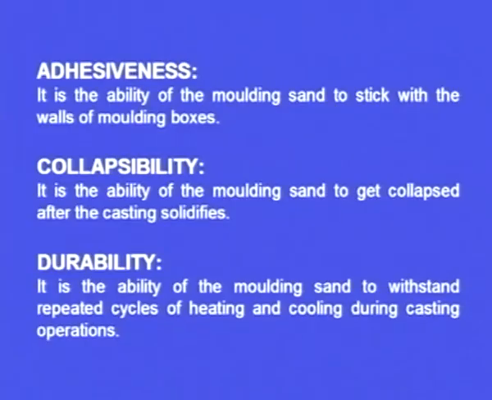Next one, collapsibility. It is the ability of the molding sand to get collapsed after the casting solidifies. Yes, we pour the molten metal and after some time the molten metal solidifies. After solidification is over, we have to take the casting out. Then we start breaking the molding sand. At that time, it should allow us so that we can break the molding sand easily.